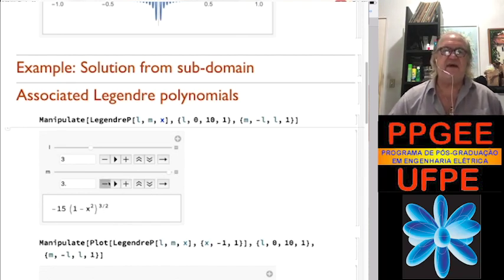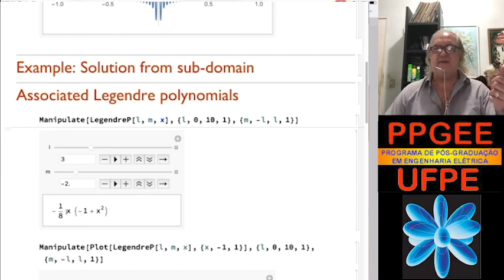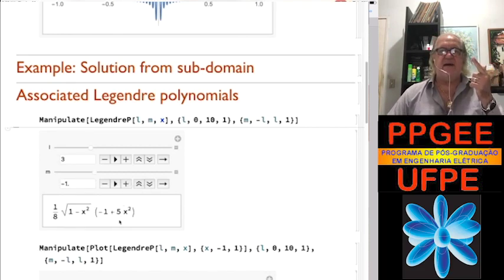So you're going to have, for minus 3, the third power of sine, and for minus 2, the square of sine times cosine. Then you have sine and the cosine squared. You're going to have something that is sine to L, cosine to L minus M. Those powers you have. These are the combinations you have.